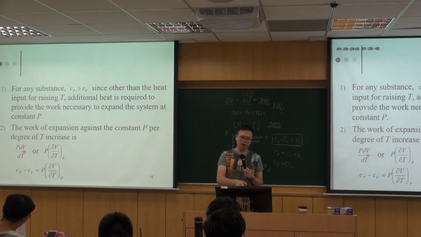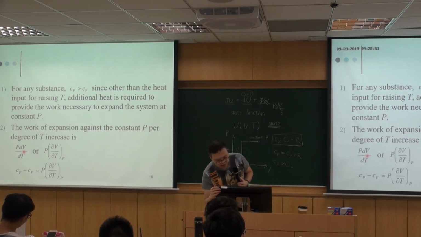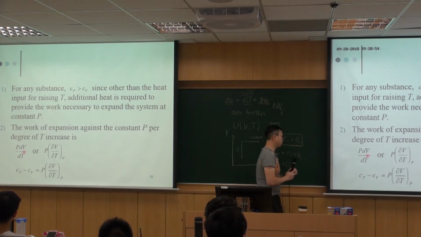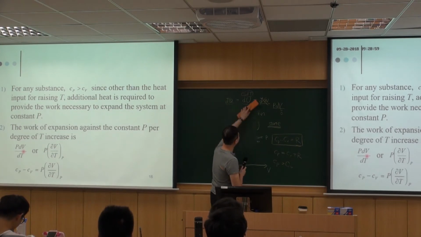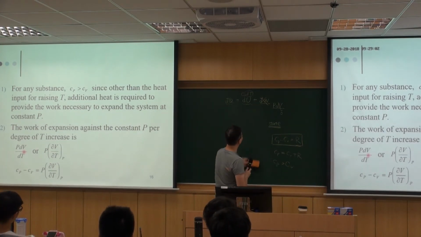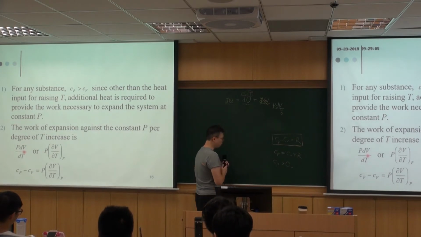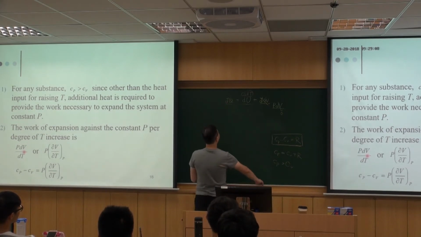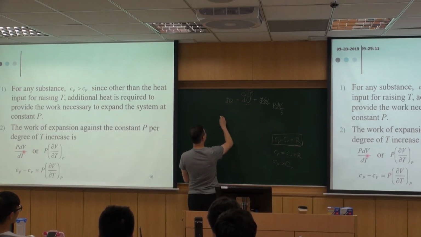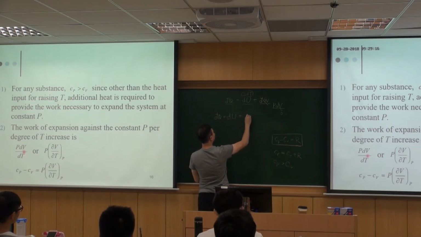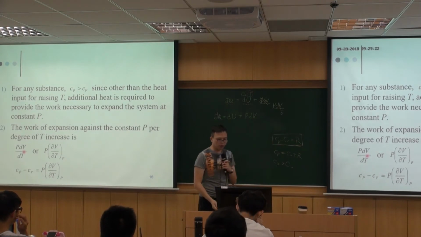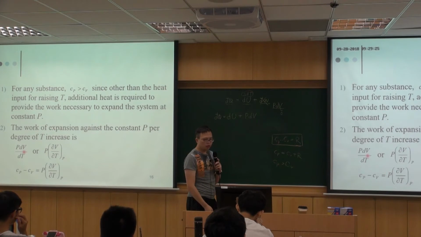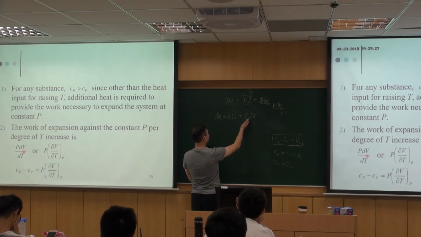The reason we have to consider this is, if you look at the original first law, like I wrote over here, there is this PdV. But if you're dealing with a constant volume process, then this part will be gone.